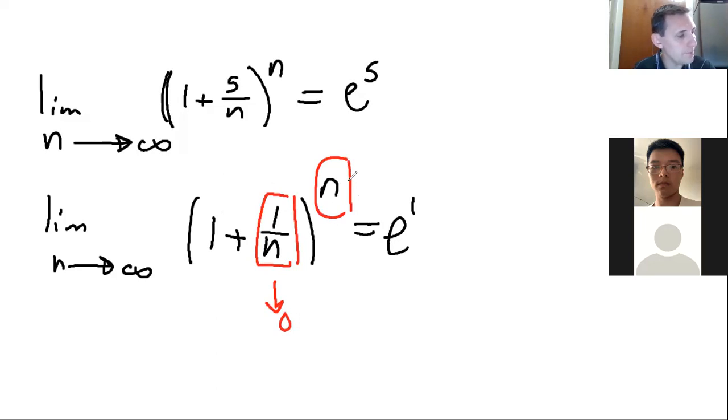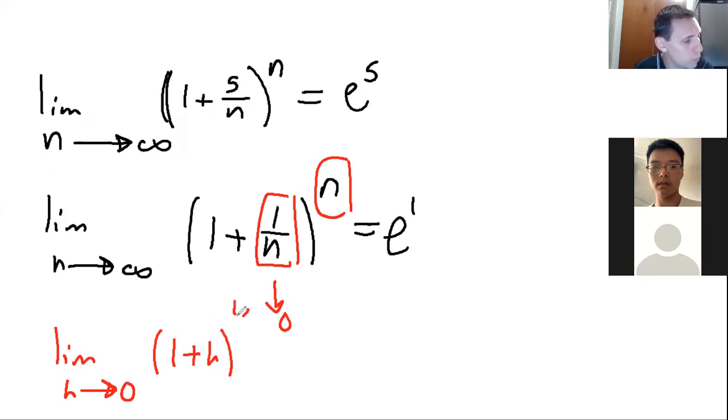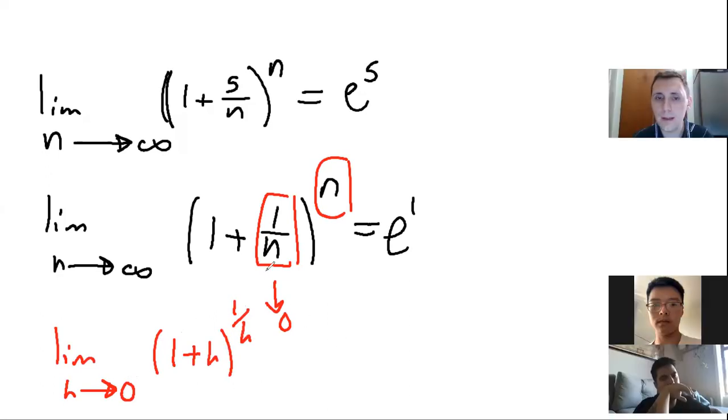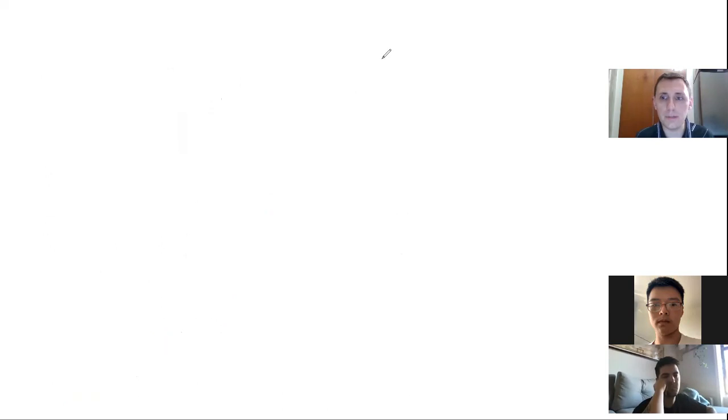This is simply 1 over the perturbation. So if I label the perturbation as h, this limit is the same as limit where h goes to 0 of (1 plus h) to the 1 over h. Are you with me? If 1 over n is h, then n is 1 over h. And then this limit is equal to e. That's important for this problem.